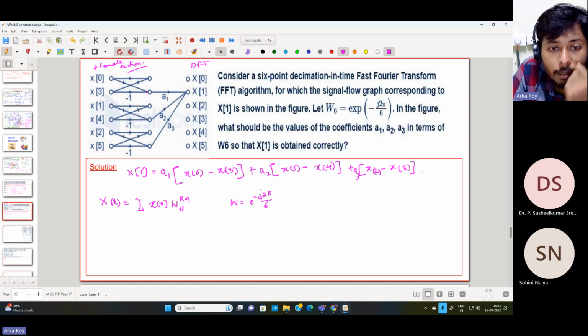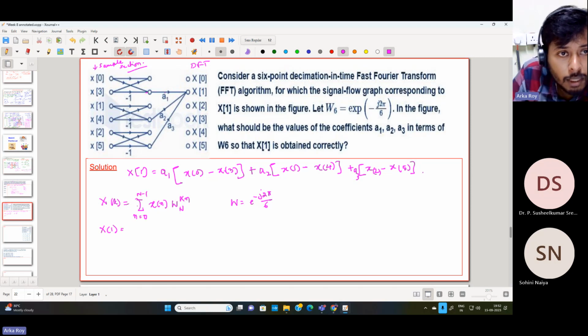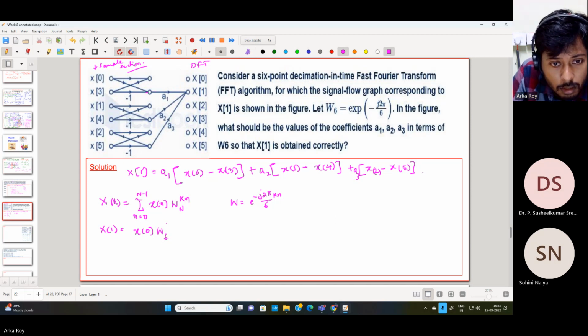Now if I write X of 1, n goes from 0 to n minus 1. So it would be X0 multiplied with this, W and n is 6, so W6 0.